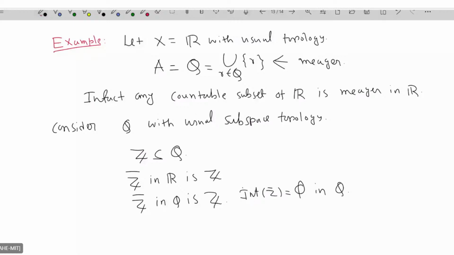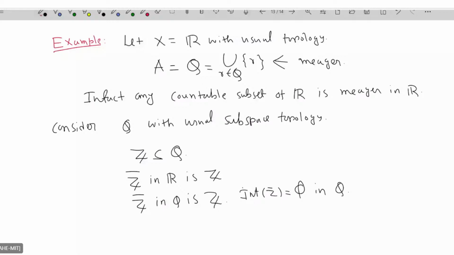So it's meager, and its complement is also going to be meager. So ultimately what I want to say is that if we have a nowhere dense set, it does not mean that it is a set of second category. It might be possible that a nowhere dense set is itself a meager set, so that means it's a set of first category.